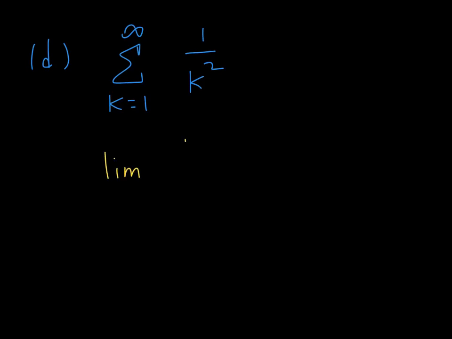The limit of 1 over k squared as k goes to infinity. Once again, the numerator is fixed at 1 while the denominator continues to grow. So then this limit is equal to 0. Again, by the divergence test, we have the final answer of inconclusive.